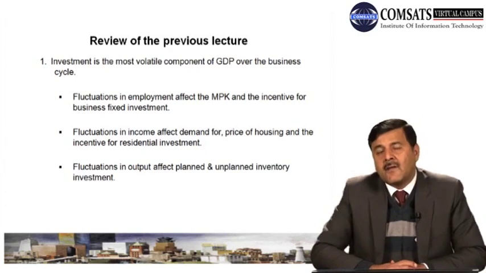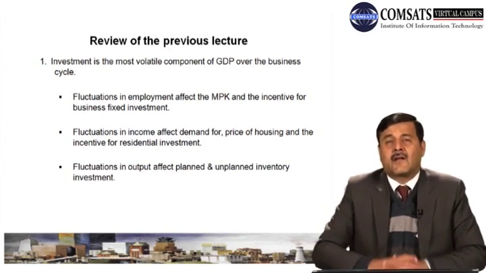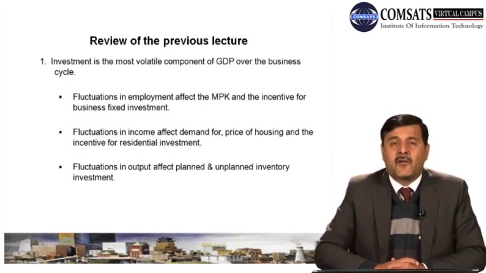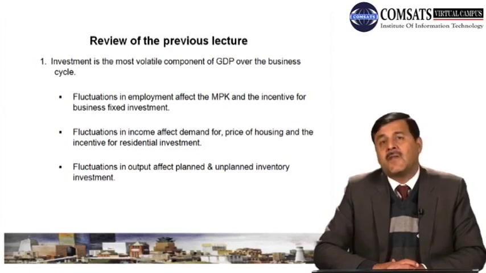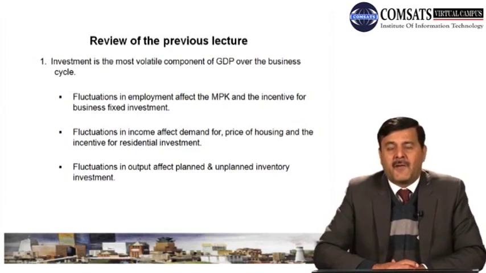So we said that there is a direct relationship between the new classical theory and Tobin's theory: the profit rate of firms with the Tobin's Q value and the level of investment.